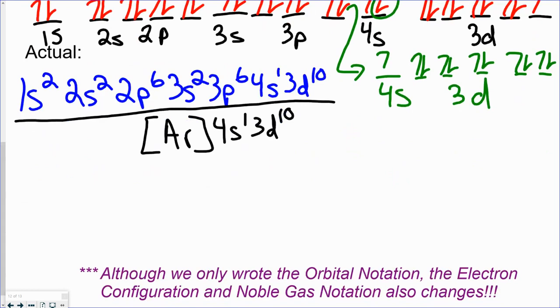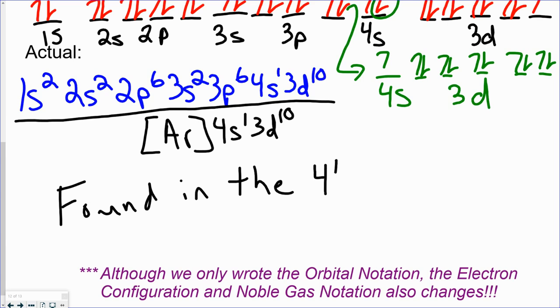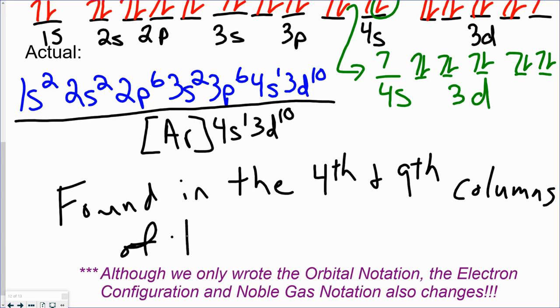These exceptions can be found in the 4th and 9th columns of the D sublevel.